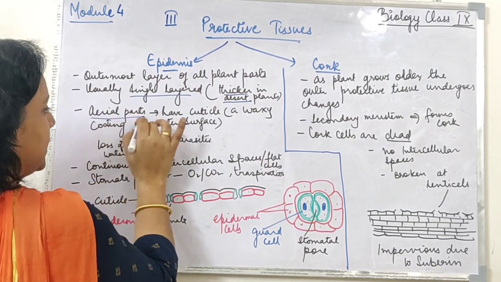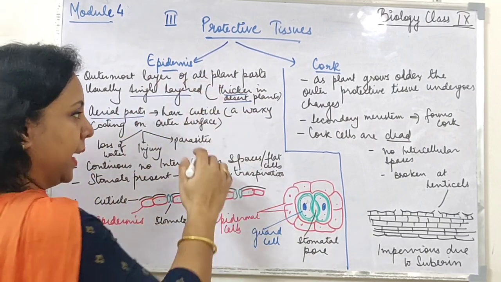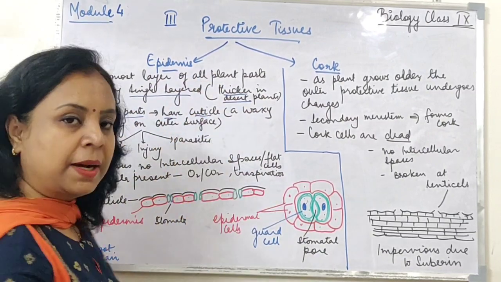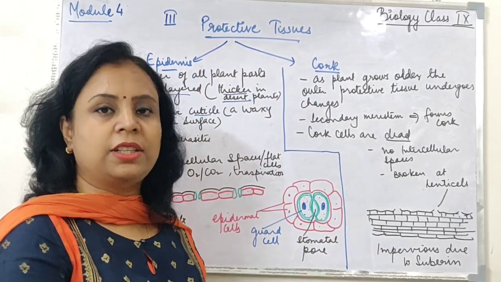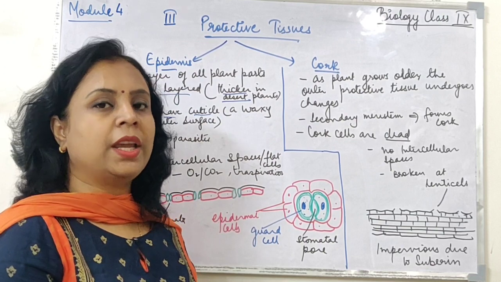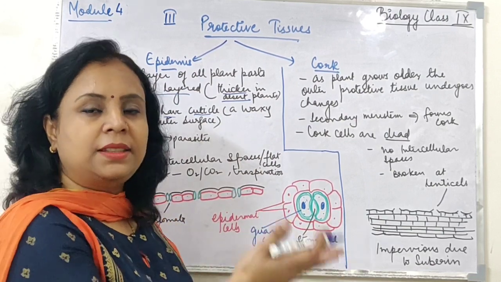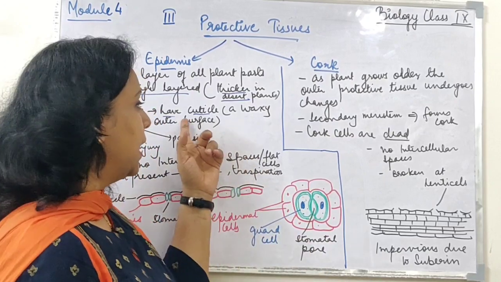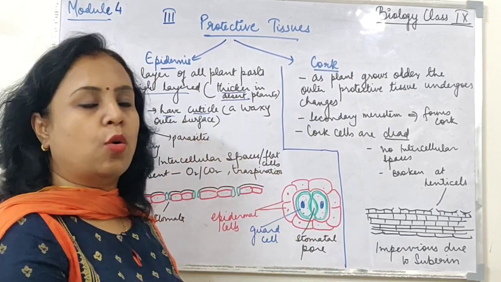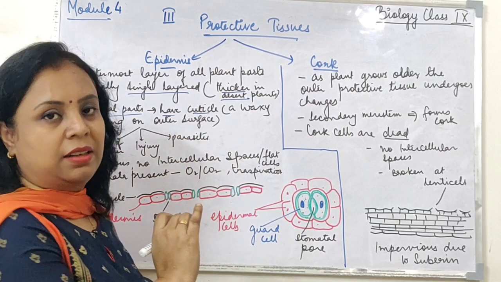Now as I told you, it is present all over in the aerial parts. Aerial parts means whatever is exposed to the environment, whatever is not underground. So whatever parts of the plant are above the ground, they have a waxy coating called cuticle.